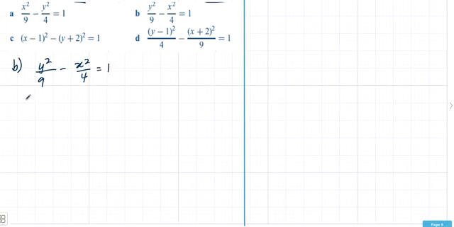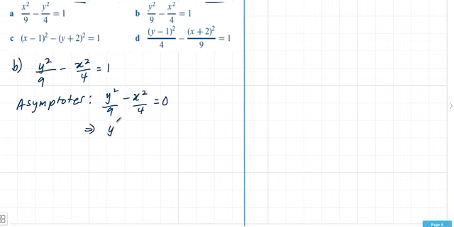Okay, what we're going to do first of all is find our asymptotes. So we're going to let y squared on 9 minus x squared on 4 equals 0 instead of 1. We can solve this. Y squared on 9 equals x squared on 4.